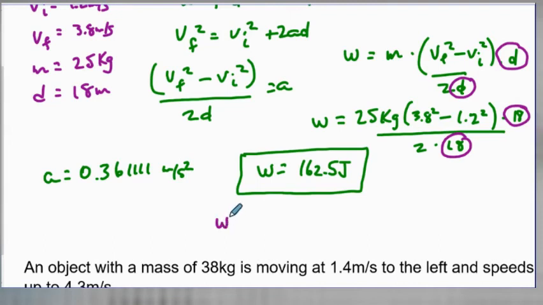We can say that the work is the mass times the final velocity squared minus the initial velocity squared, divided by 2. Being able to rearrange these equations and cancel out common things is really helpful.